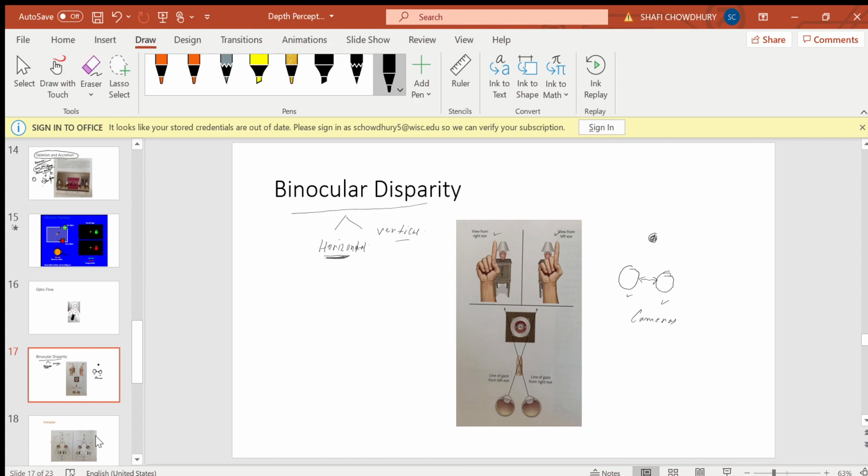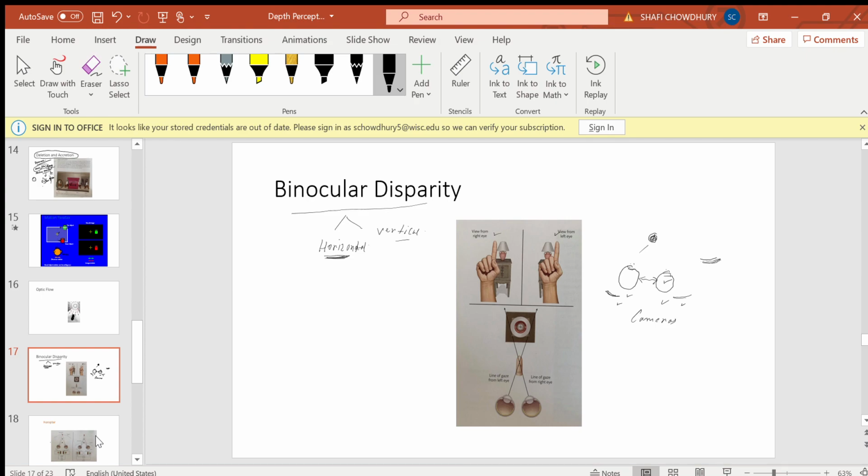If you take a picture with this camera, the image will be a little bit different than the picture you take with this camera. If you put these pictures side by side, you'll see most of the part is overlapping, but slightly apart from each other. So that is exactly what your two eyes are doing.